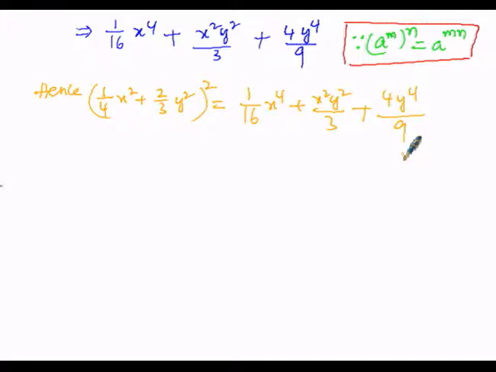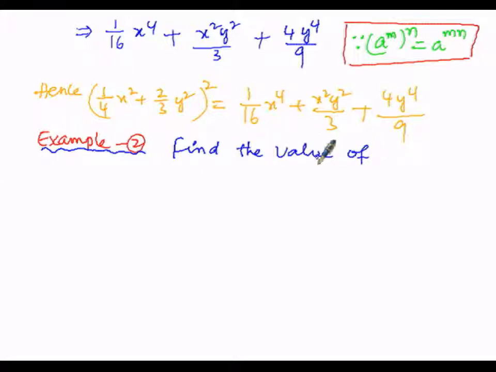In the similar manner, let us perform one more example, that is example number 2, which is: find the value of 50.5 whole square by using identity.